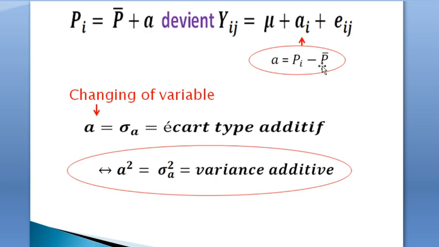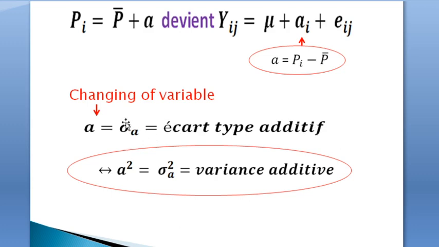And what is a deviation according to the mean? That is the standard deviation. Now we'll make a change of variable by calling this small a sigma small a, which is the additive standard deviation, or deviation due to genetic effect.